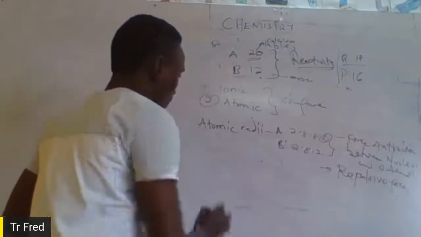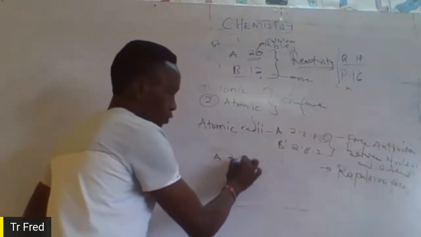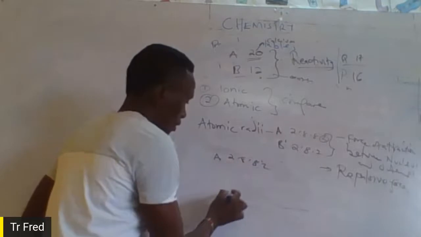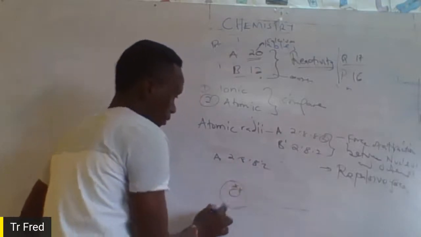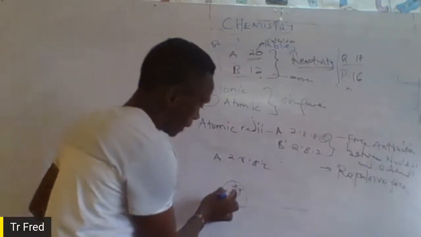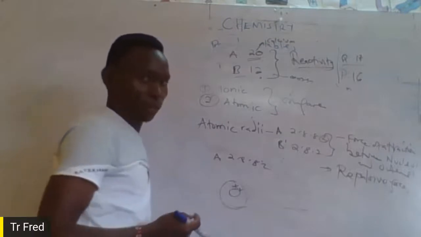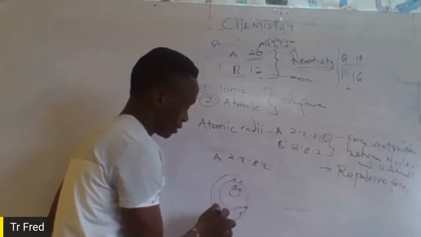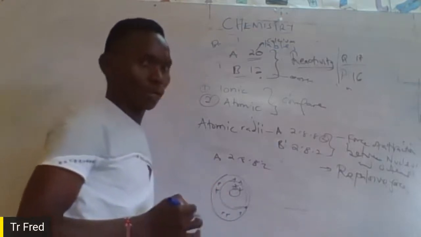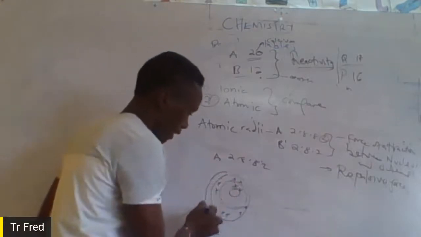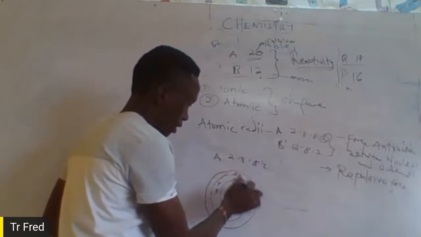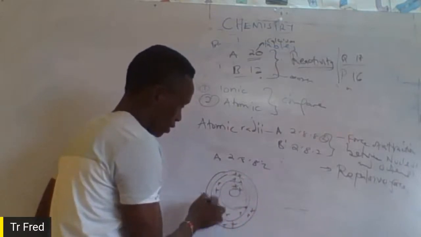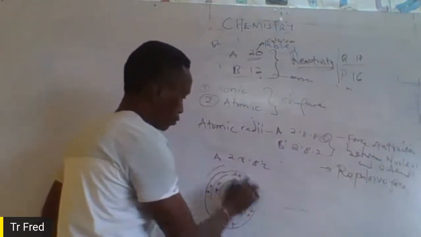Look at this diagram. This one is A, 2,8,2. This is the first shell, the first energy level after the nucleus, then followed by the second one, which is 8. This is the distribution of electrons around the nucleus. Then the last one will be 2.